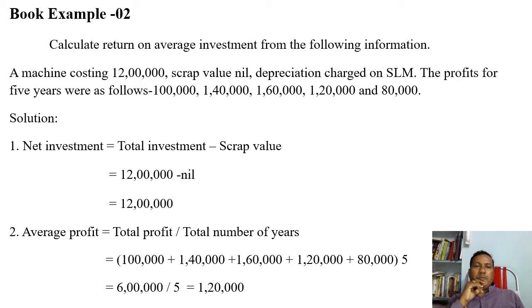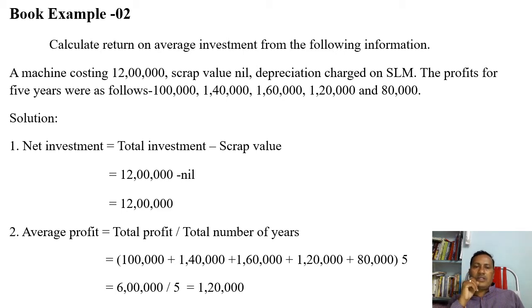Book example 2. Calculate the return on average investment from the following information. Machine costing 12 lakh, scrap value is nil, depreciation is on straight line method. The profits for the 5 years are as follows: 1 lakh, 1,40,000, 1,60,000, 1,20,000 and 80,000.